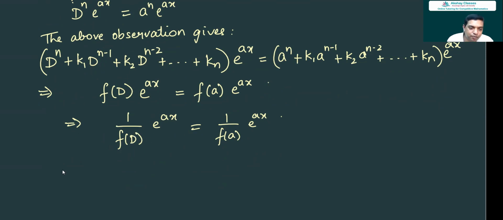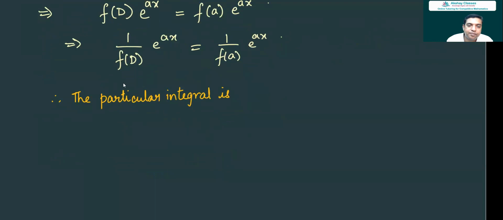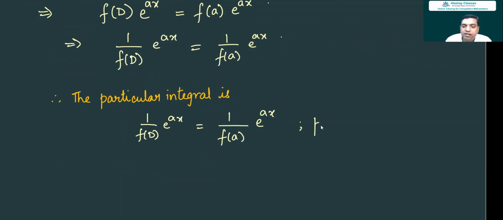So therefore, very important, the particular integral 1 by f of d e power ax is equal to 1 by f of a e power ax, provided f of a is not equal to 0. That is the only catch here.